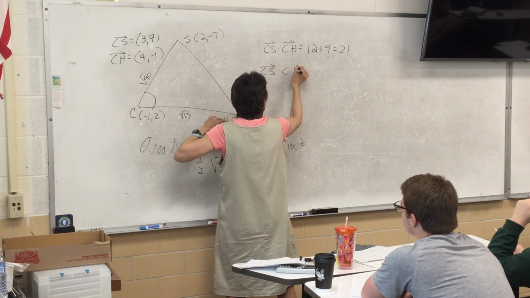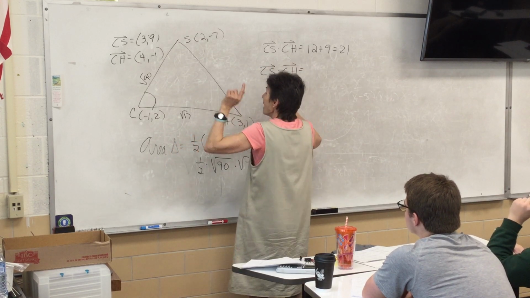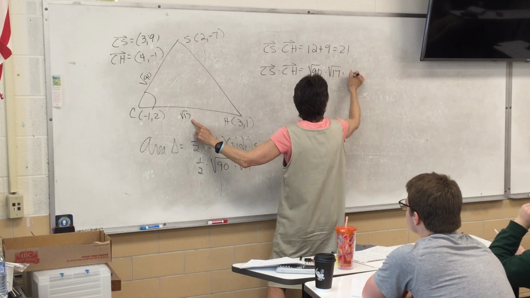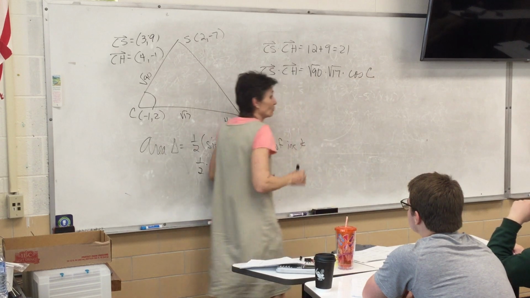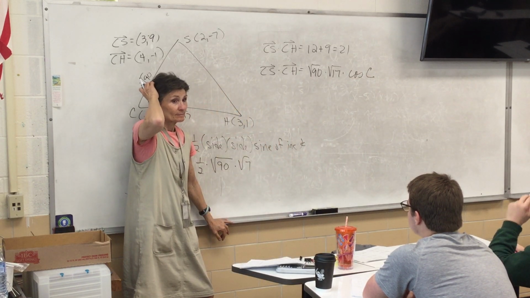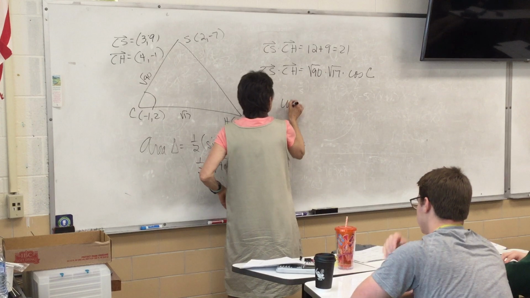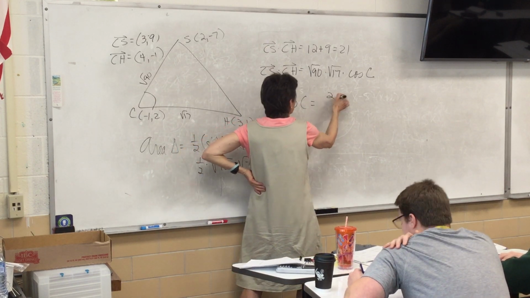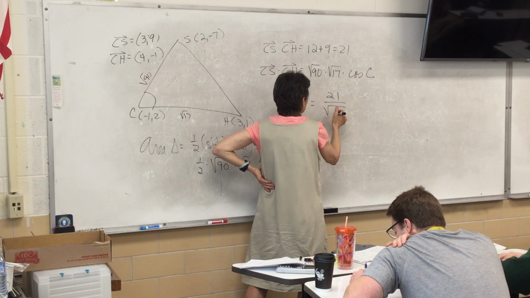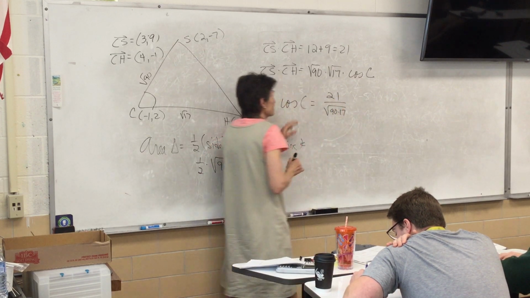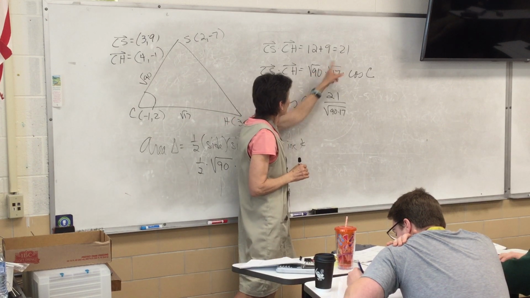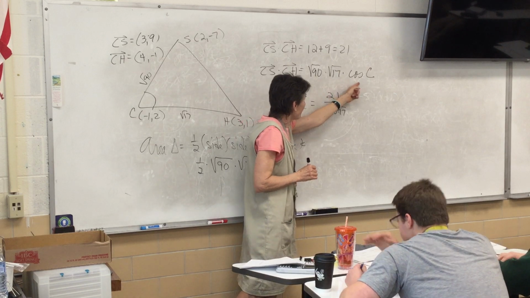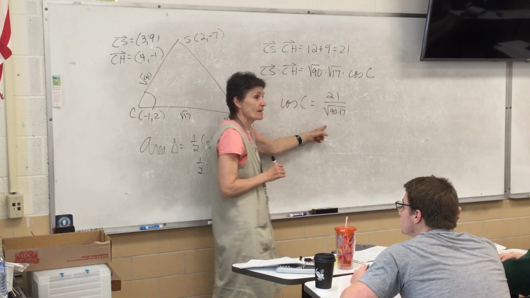But the dot product is also the magnitude of the first times the magnitude of the second times the cosine of the angle between them. Remember that? So the cosine of the angle is 21 divided by the square root of 90 times 17, whatever that is. Because this is the dot product. So 21 equals all that, so I'll divide, and that's the cosine of the angle.